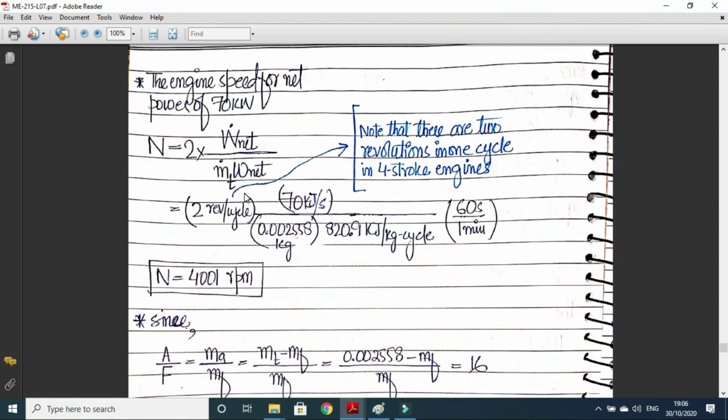So now we can calculate the RPM. This formula I can show you how it's working.